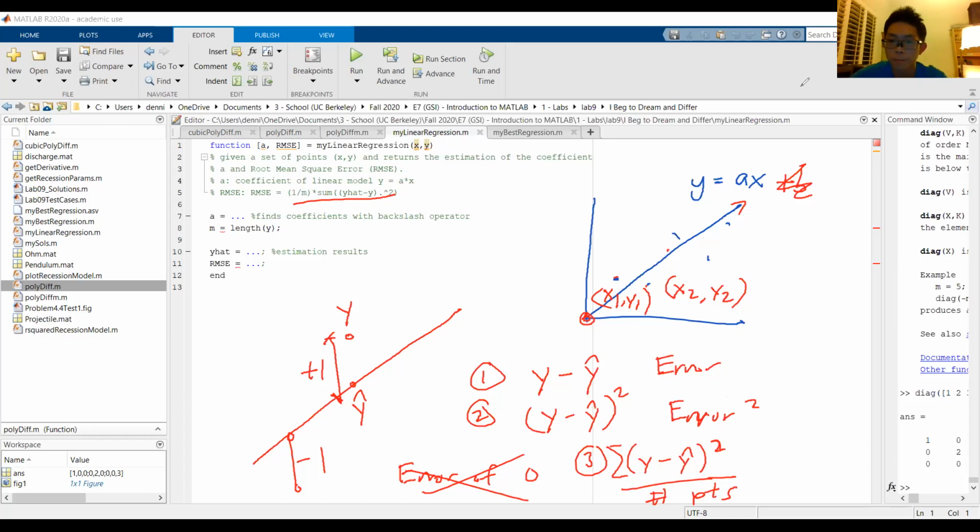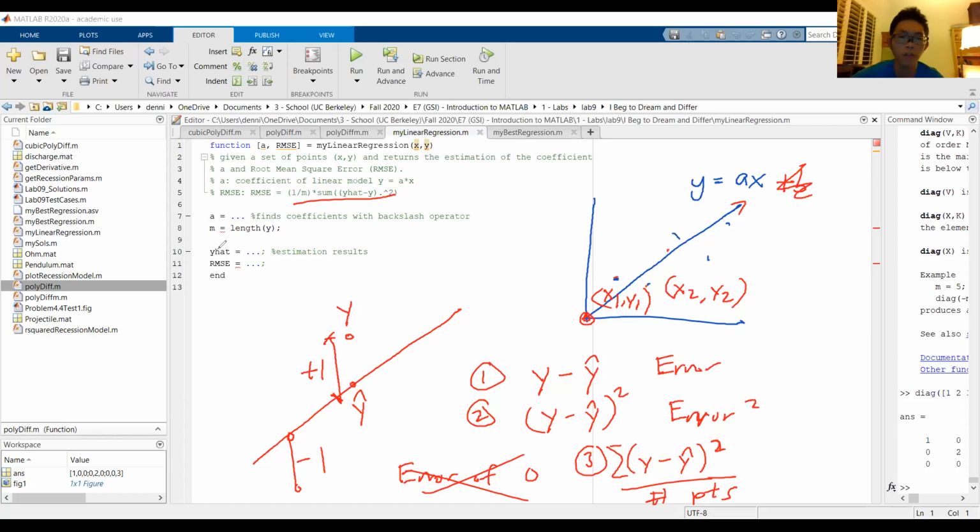See something in the chat? Okay, I'm getting a private message. If the root mean squared error is a sum, why don't we use summation or a for loop? We can, but there's a way to do it without actually doing that. Because your y and your y hat are both vectors.